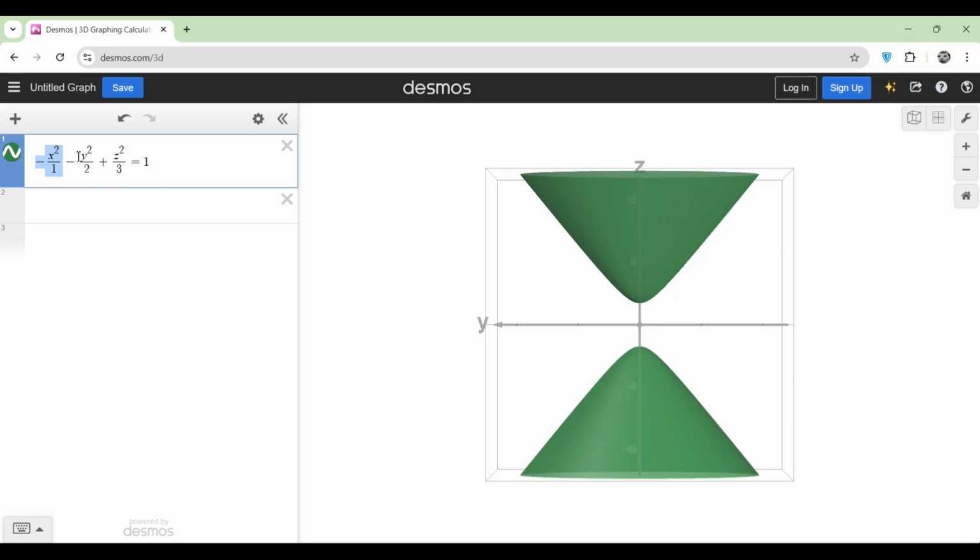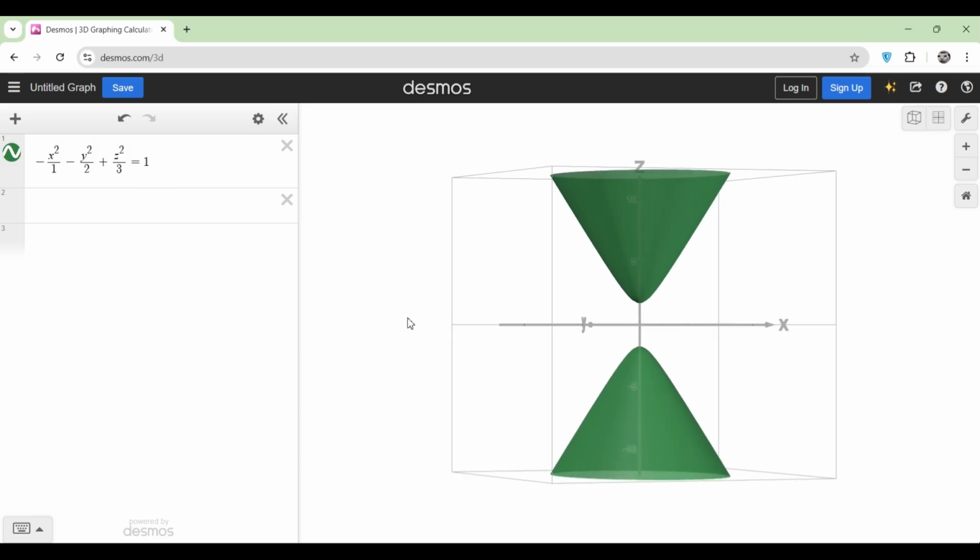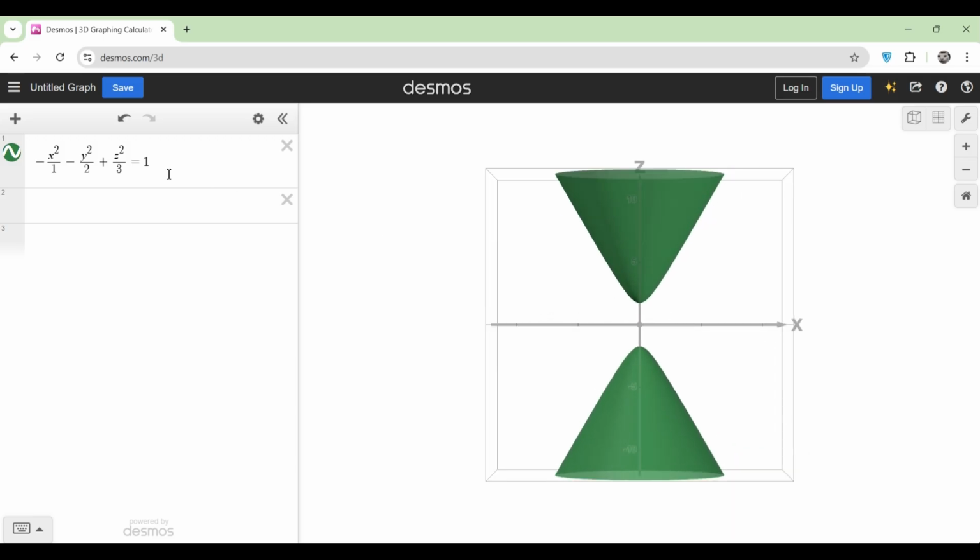I just don't want to move it over, but Z squared minus Y squared is equal to 1. So this is another hyperbola. Same with the XZ trace, because it's another minus X squared, so Z squared minus X squared is equal to 1. So this is a hyperbola.